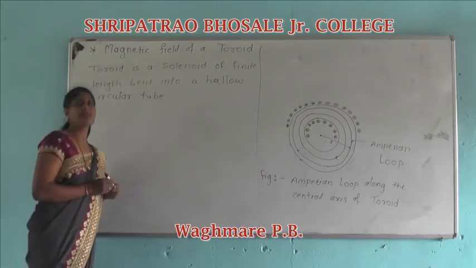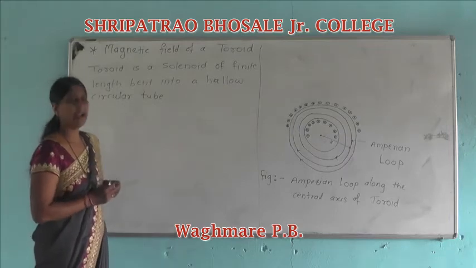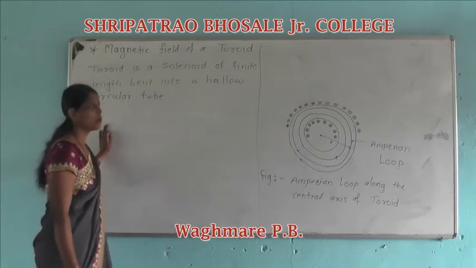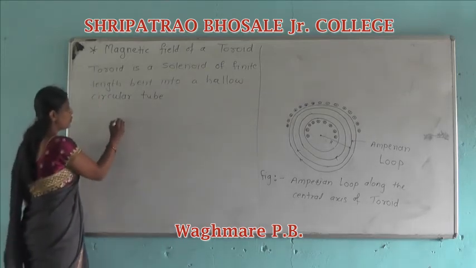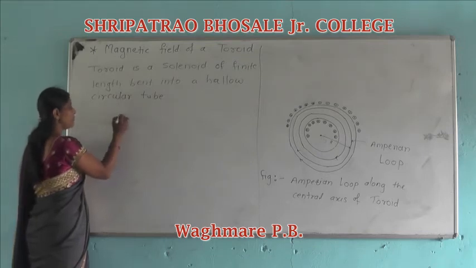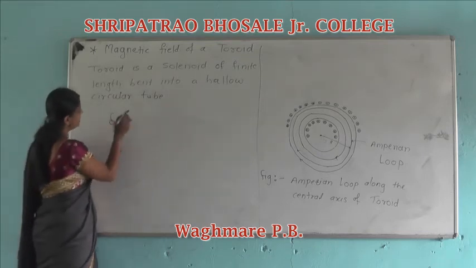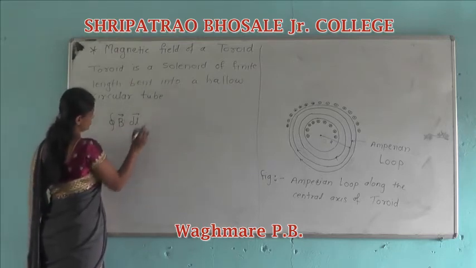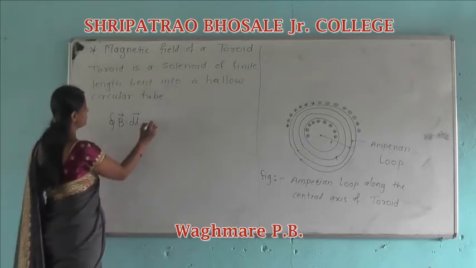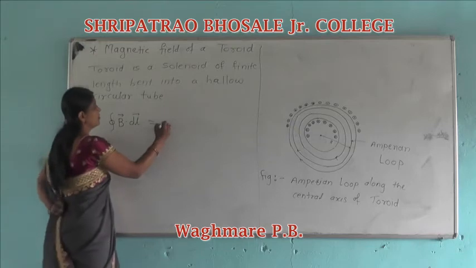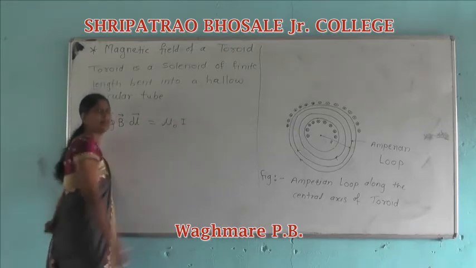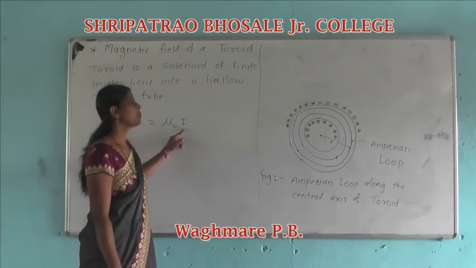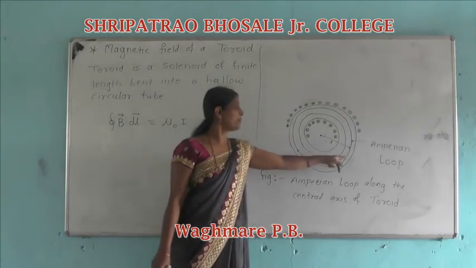We have to apply Ampere's law to find the magnetic field at the central axis of the toroid. Now we know that the line integral of the magnetic field over a closed loop is given by mu naught I, where I is the current enclosed by the Ampere loop.